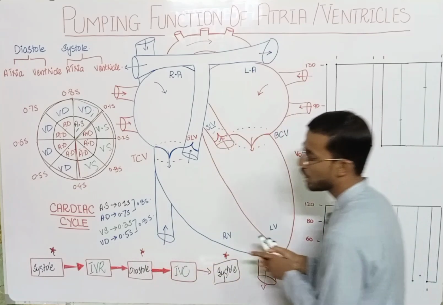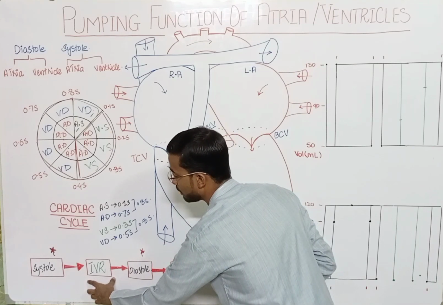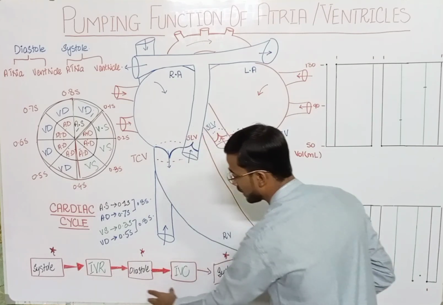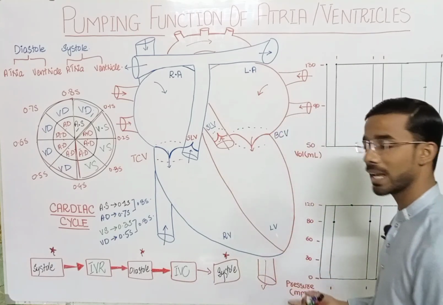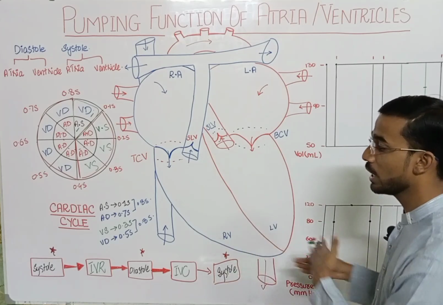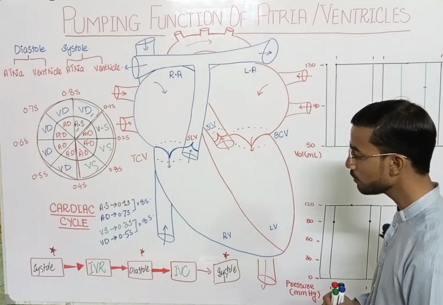First you see the systole, then the isovolumic relaxation, then the diastole, then the isovolumic contraction, and then again the systole. That repeats again and again. So this is actually the whole process going on in the heart.